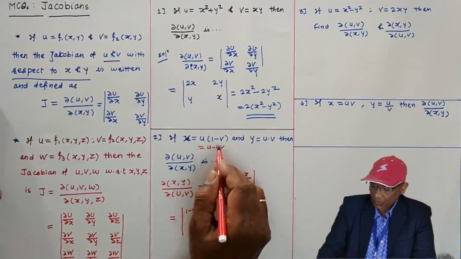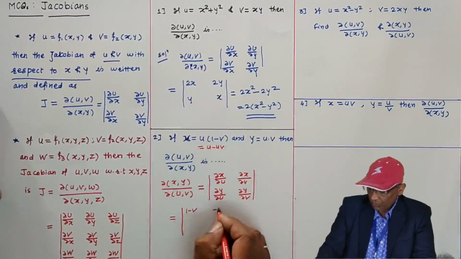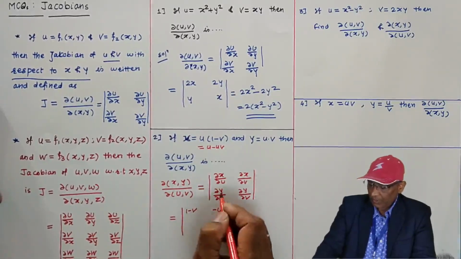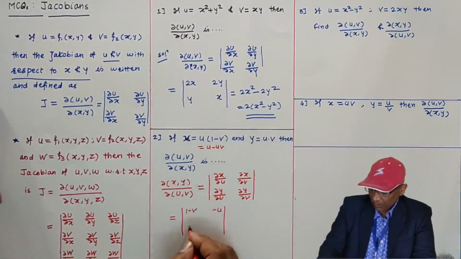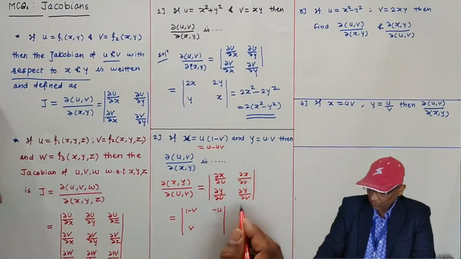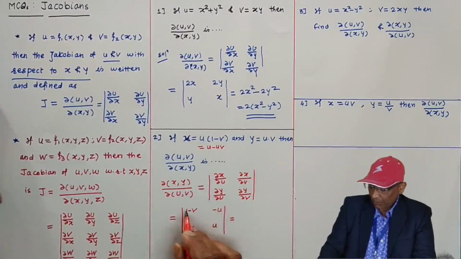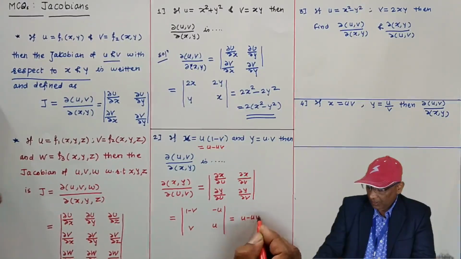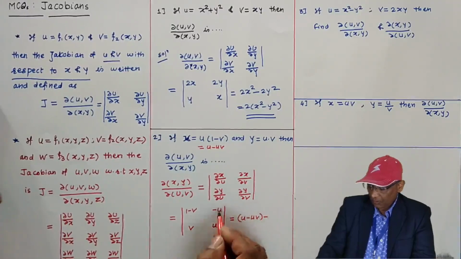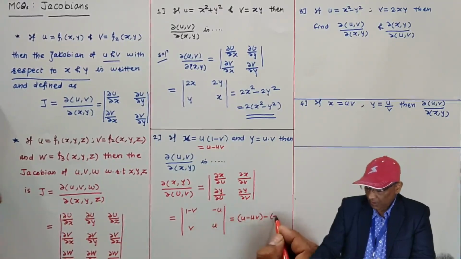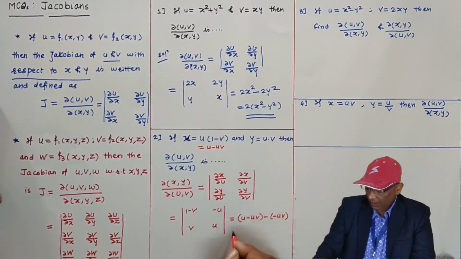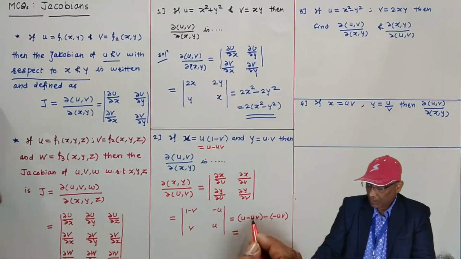The derivative of x with respect to v is minus u. The derivative of y with respect to u is v. The derivative of y with respect to v is u. Now, the product of these two is u multiplied by (1 minus v), minus the product of these two, which is minus uv. Here plus uv and minus uv get cancelled, so u is remaining.